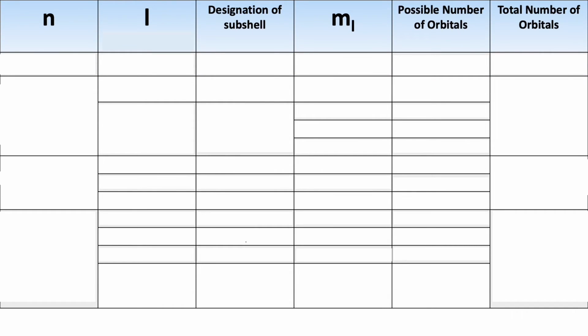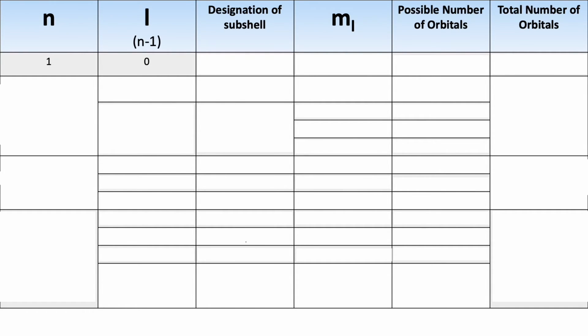Let's see how we can build a relationship between the principal quantum number symbol n, angular momentum quantum number symbol L, and the magnetic quantum number symbol ml. Energy level can start with 1. For the n equals 1 stage, L can be from 0 to n minus 1, which is 0.